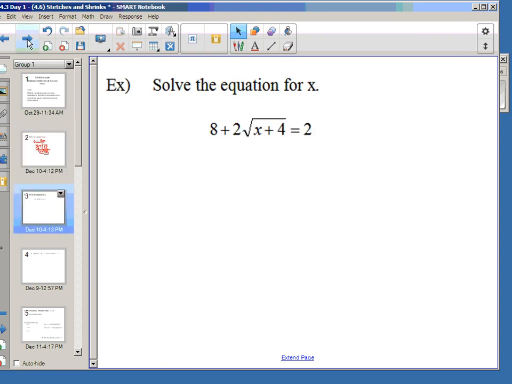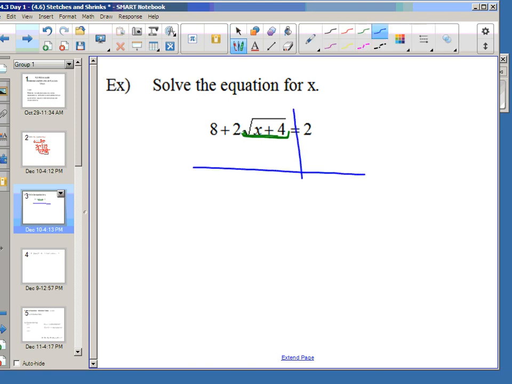Next, we have a little bit more complicated example. But once again, our goal is still to get whatever is under the square root by itself, so square root x plus 4 in this case. So what that means is we need to do some simplification first. We can subtract 8 from both sides. Our 8's will cancel here, and it leaves us with 2 times the square root of x plus 4.